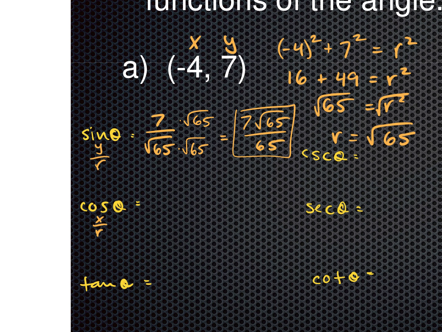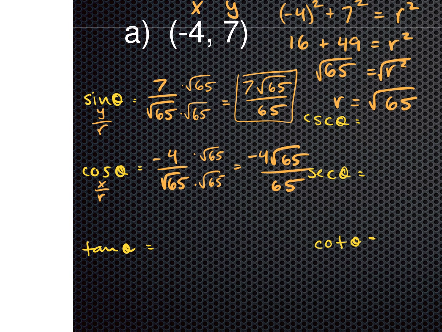X over r. So that would be negative 4 over square root 65. Again, we have to rationalize. So we get negative 4 square root 65 over 65. And then tangent is what over what? Y over x. So our y is 7 over x is negative 4.